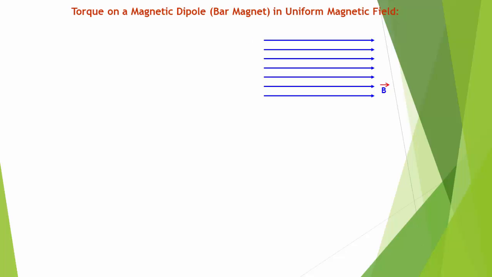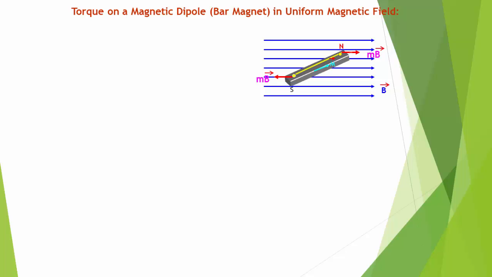This is the region of uniform magnetic field. Consider a uniform magnetic field, and a bar magnet or magnetic dipole is placed in the region of uniform magnetic field. This is the magnetic dipole. It has two poles, one is the north pole and the other is the south pole.